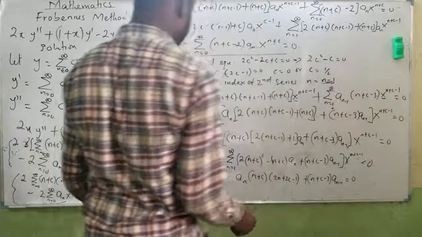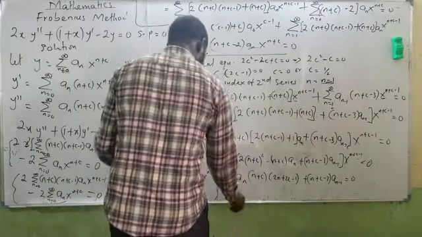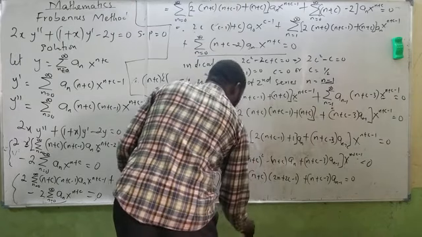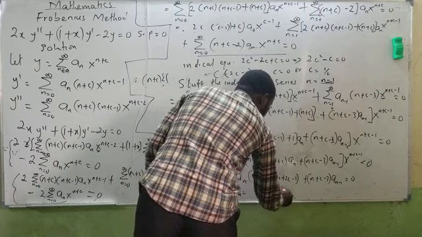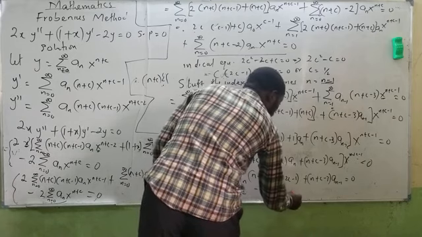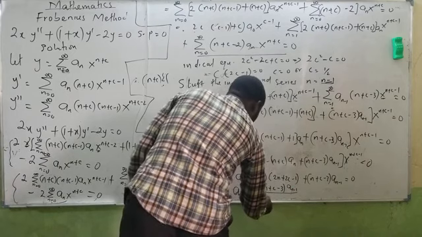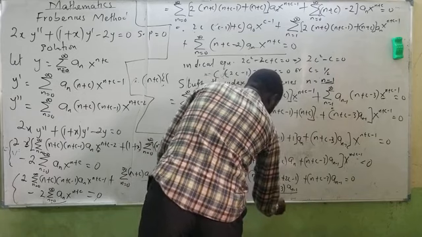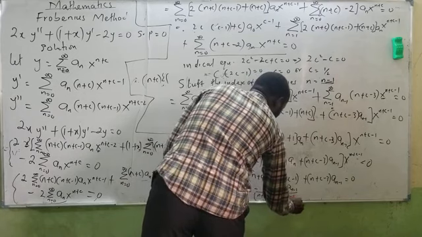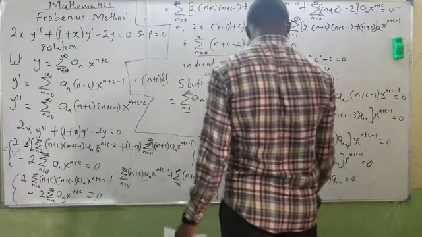Now, from here, I can get the current solution, which is my a of n equals to minus n plus c minus 3 brackets of a of n minus 1 divided by n plus c and 2n plus c minus 1, which is my that.